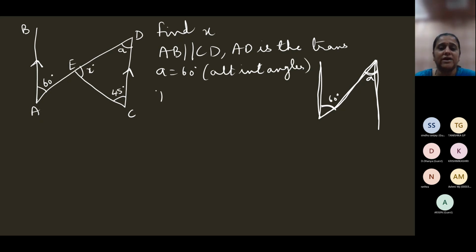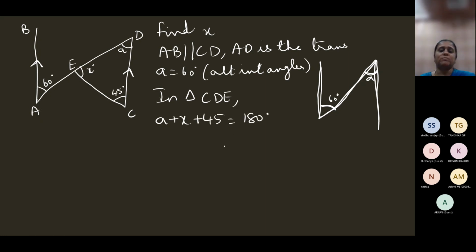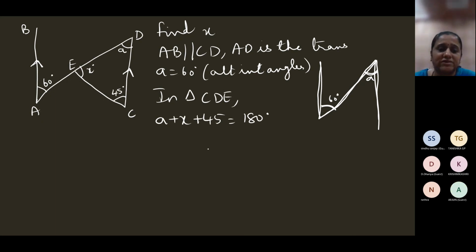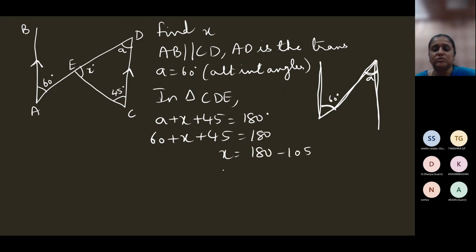Now, in triangle CDE, A plus X plus 45 is equal to 180, angle sum property in a triangle. 60 plus X plus 45 is equal to 180. So X is equal to 180 minus 105. X is equal to 75 degrees.